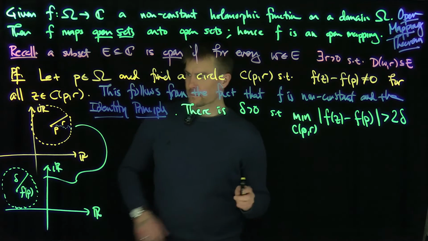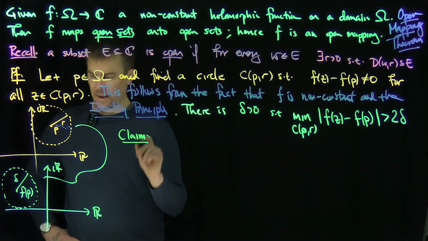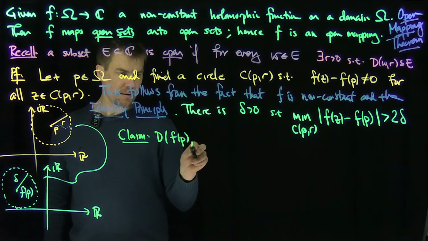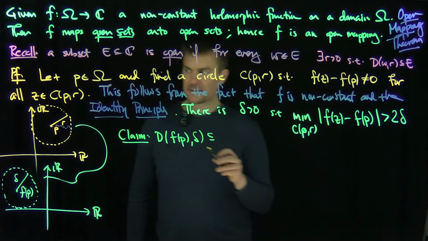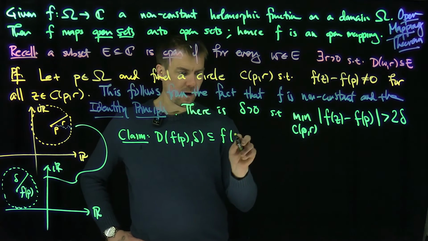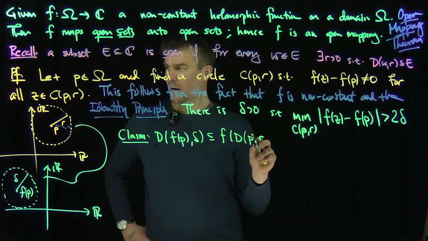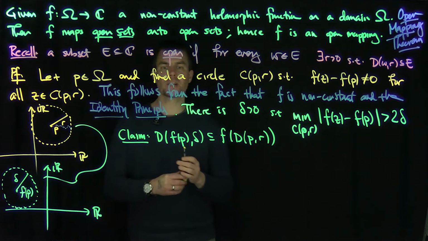So I claim that the disk at f(p) of radius delta is contained in f of D_{p,r}. That's what we claim.